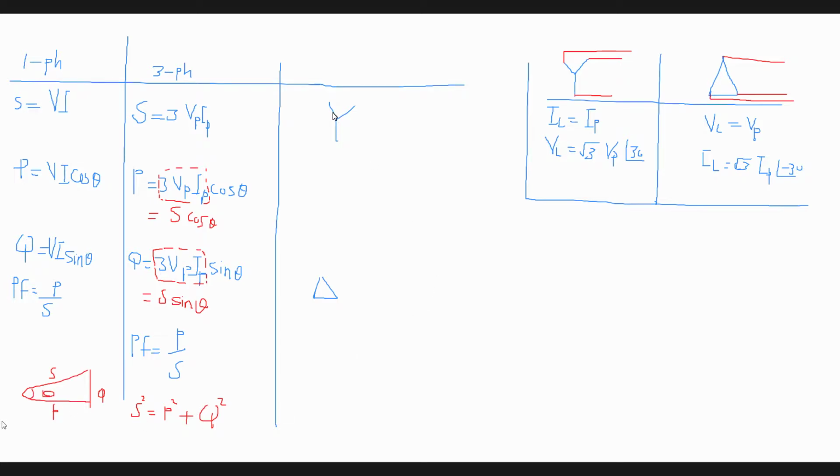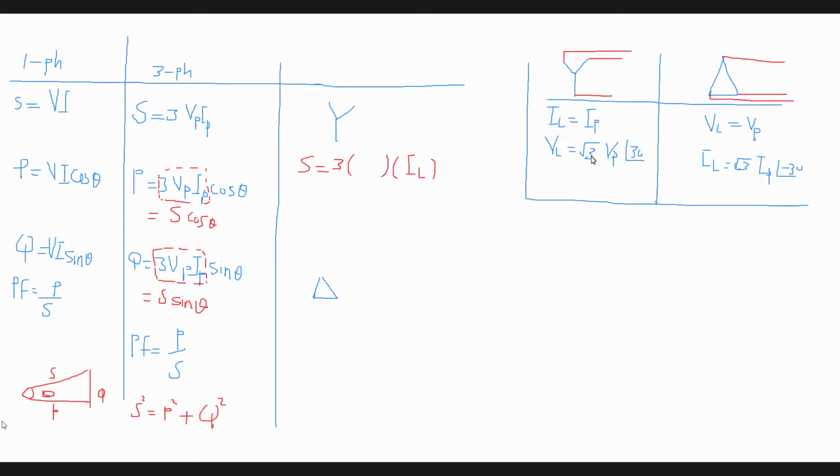Now in Y, what if we want to use V line and I line instead of phase and phase? So S will equal 3. We're gonna replace V phase with something, I phase with something. I phase equals I line.